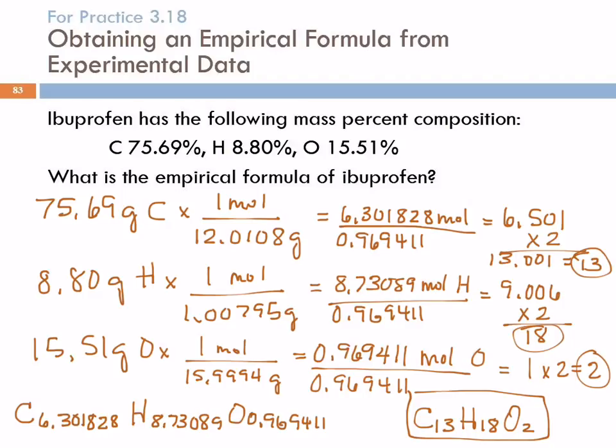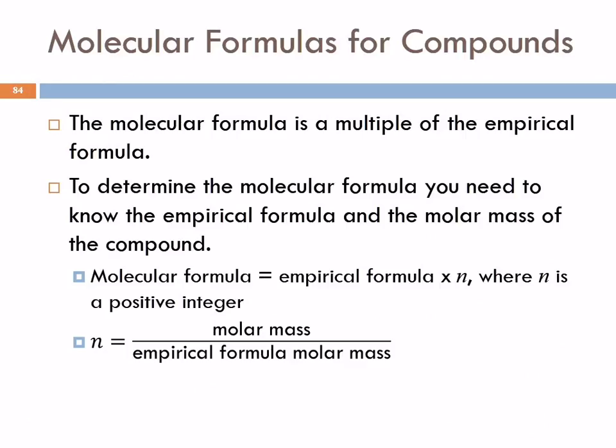Any questions? So that's the empirical formula. The empirical formula is helpful, but the molecular formula is the most useful. So the molecular formula will always be a multiple of the empirical formula.